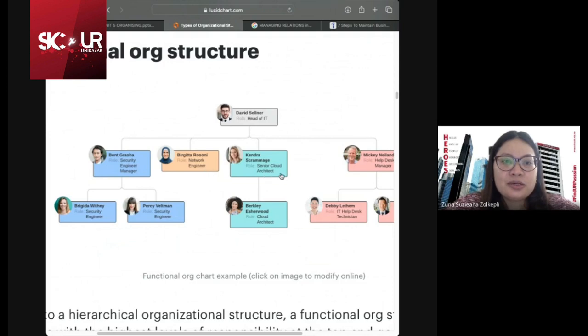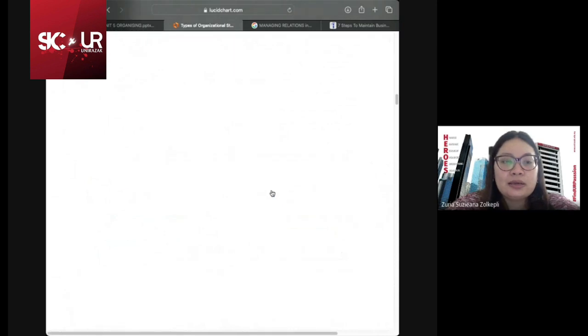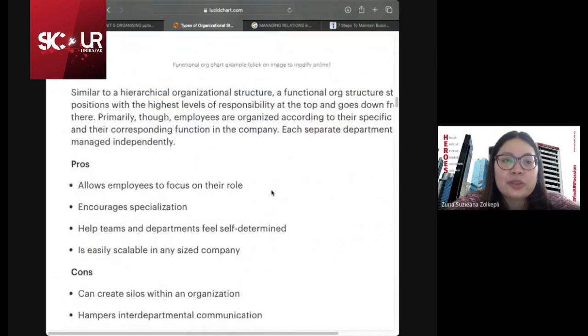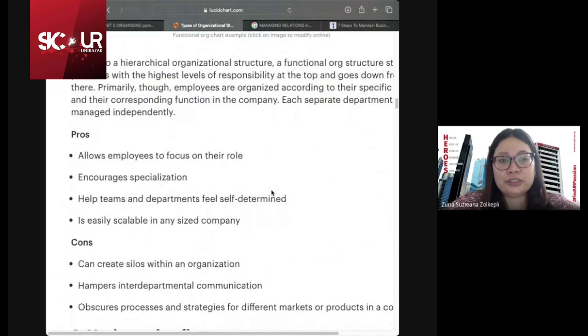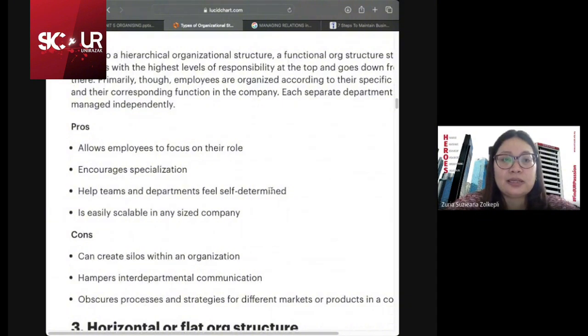You can see here, cloud architect, security, and so on. Right, based on the function. So the grouping of function departments allows employees to focus on their role, right? This is where job descriptions play a very large part, so they can focus on their role. Encourage specialization, and then help teams and departments to feel self-determined.